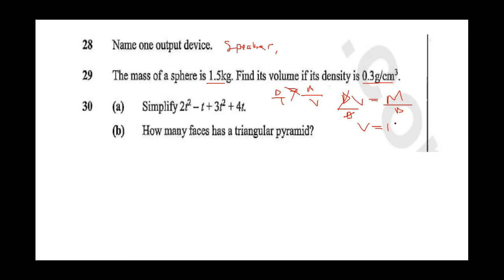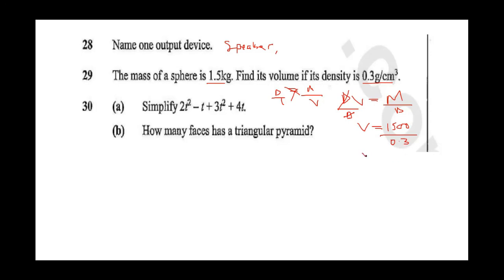Make sure that you follow all the instructions and it will give you 1,500. So 1,500 divided by 0.3. You divide 1.5 by 0.3, and this should give you 5,000.